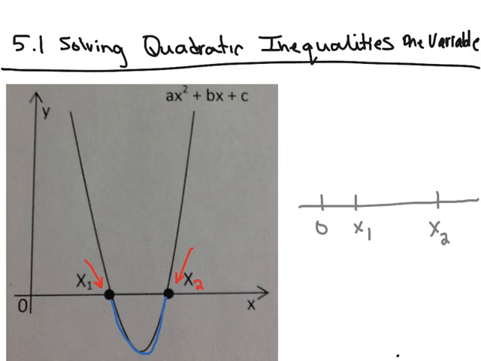Anything between these numbers, not including x1 and x2, so when we don't include them, we do a circle that's not filled in. Anything in between here will be less than 0. So we know that this will be the same as ax squared plus bx plus c less than 0.